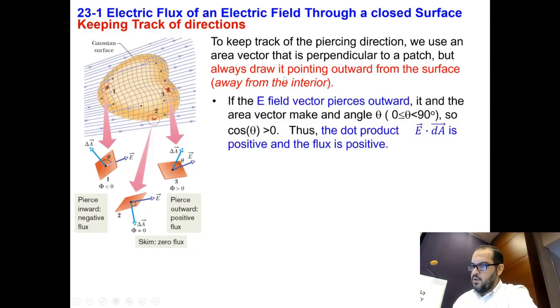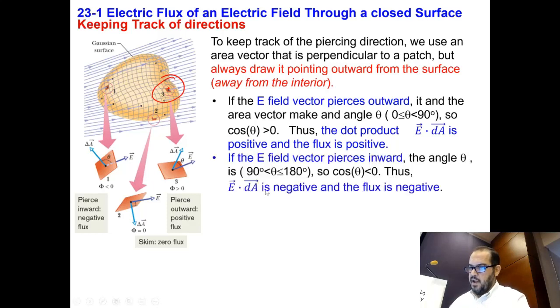So always draw the area vector pointing away from the surface, from the inside, and perpendicular to the surface. So if the electric field pierces outward, like here, then the area vector makes an angle theta, usually between 0 and 90 degrees. So cosine theta is positive. Thus, the product of E dA, which is the flux at that location, is positive.